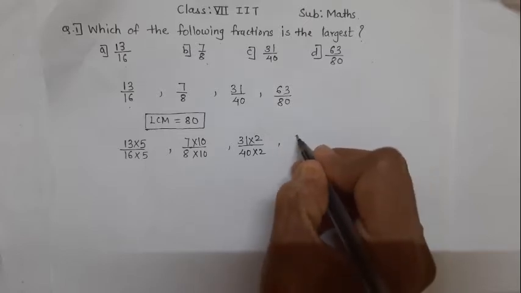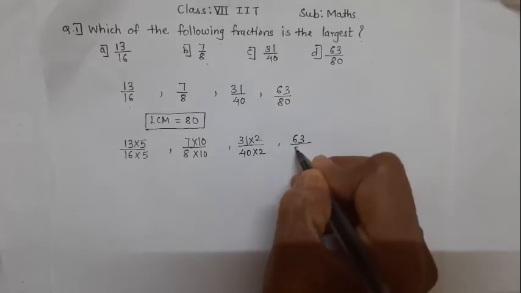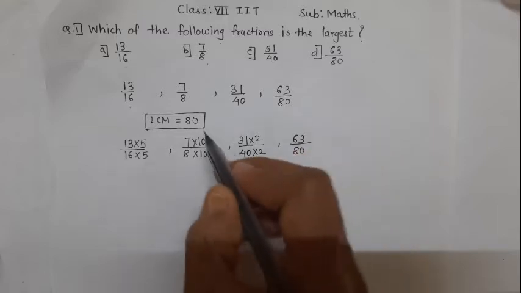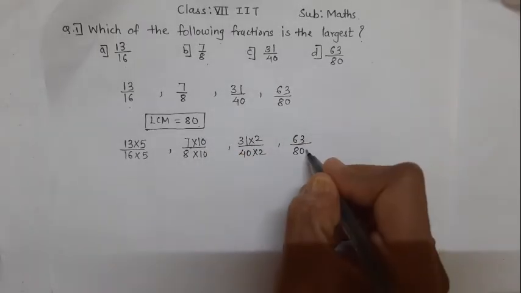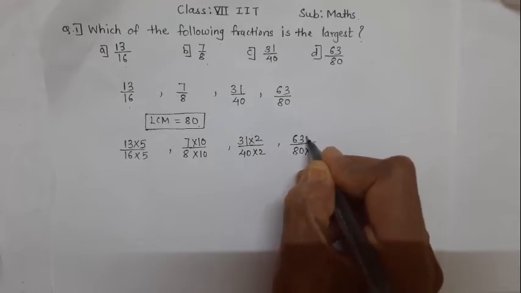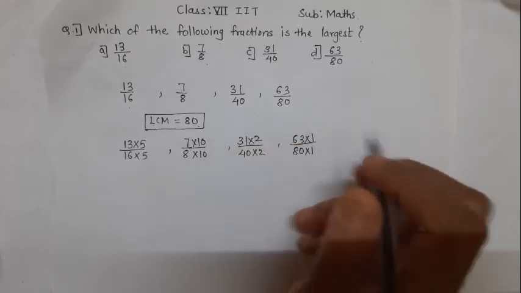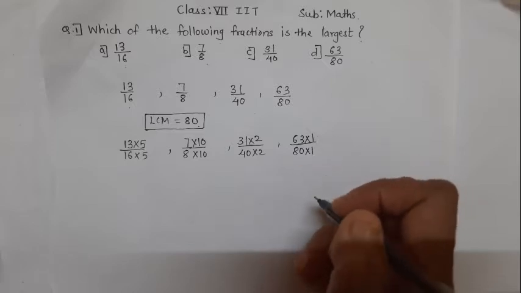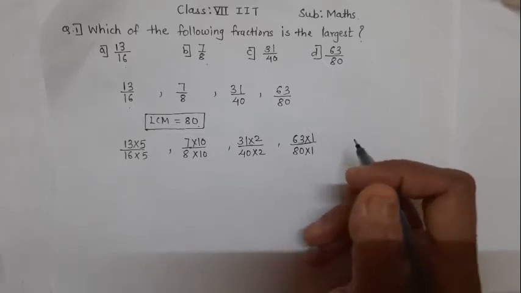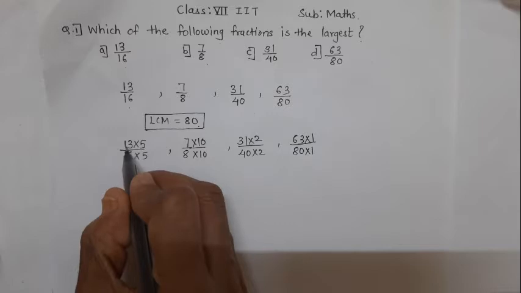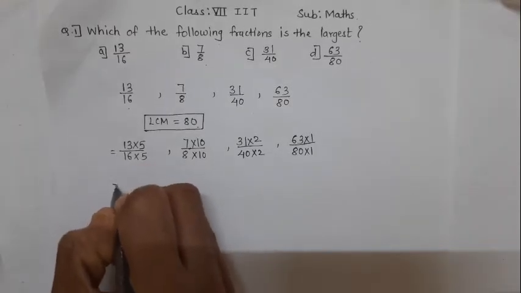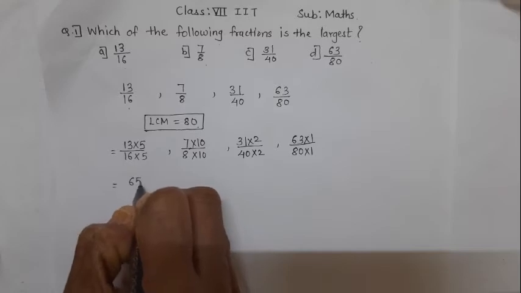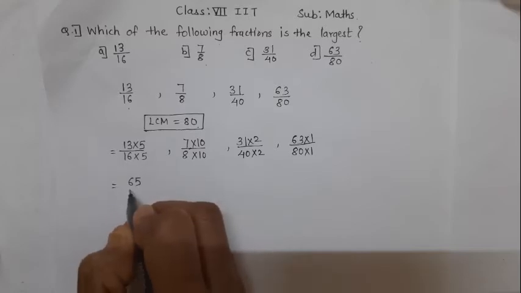Okay. So now 63 upon 80. Here we already have the denominator 80, so there is no need to multiply with any number, or you can multiply by 1, that is also okay. 80 1s are 80. Now 13 5s are 65, so we got 65 upon 80.